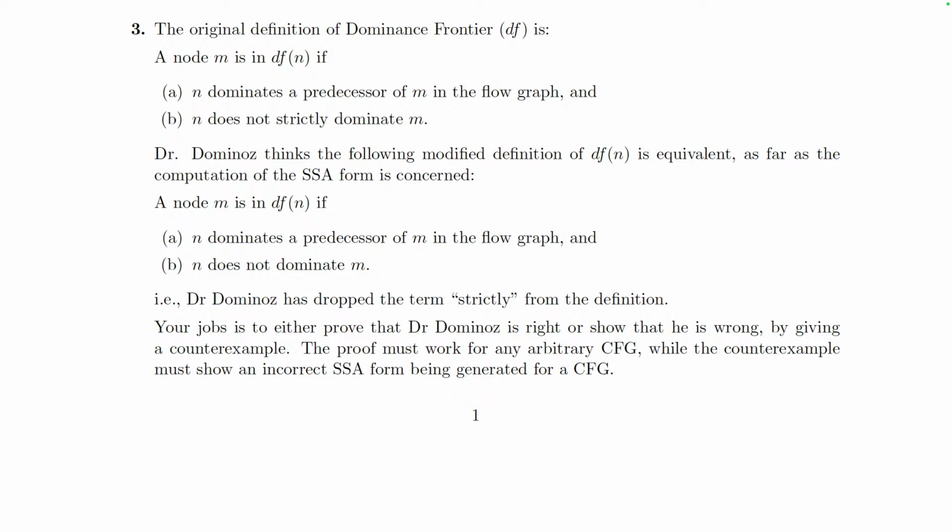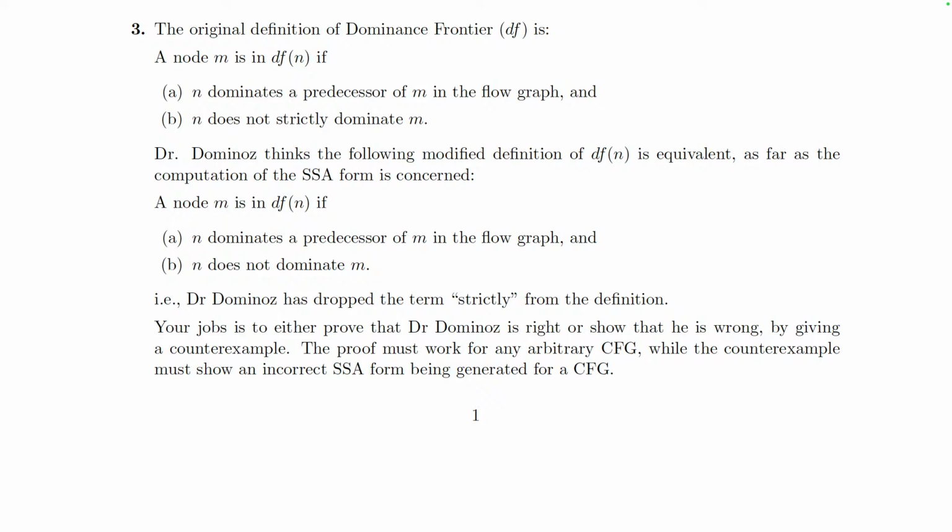They mustn't be equal. So the only case where they differ, dominance and strict dominance, is when you are talking about the same node, N dominating N, X dominating X. So X dominates X always, but X never strictly dominates itself. Okay. So a node dominating itself is the only differentiating case.